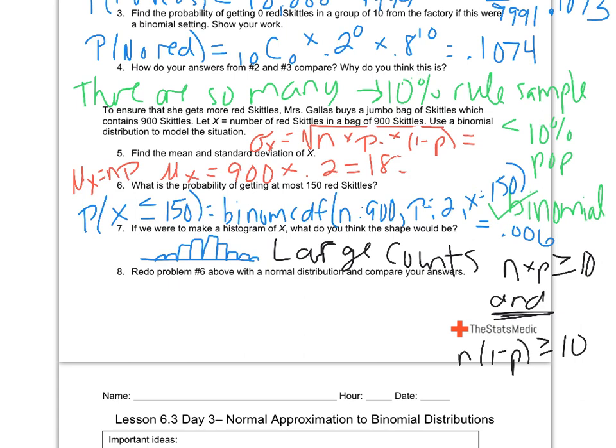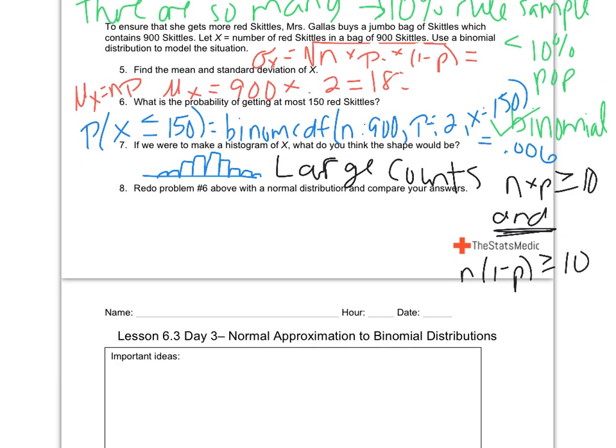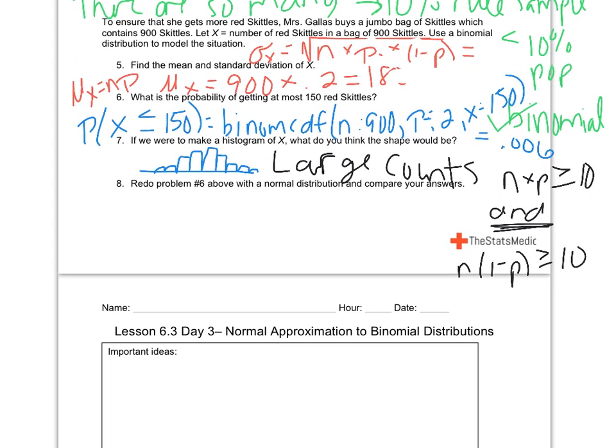So, for example, in this instance, our n is 900, our probability is 0.2, so 900 times 0.2 is 180, which is definitely greater than or equal to 10. And then we would also check this for n times 1 minus p.